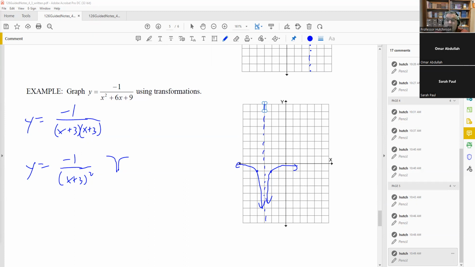Now, just in case they ask you, some of these are going to ask you for, I didn't have this in my notes originally, but for this case, let's just talk about the asymptotes. So VA, HA, and let's also do oblique as well.